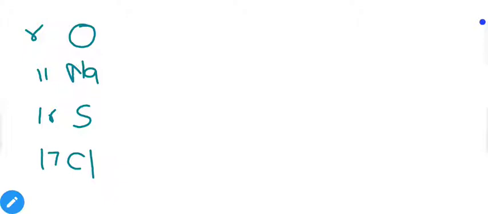We know that oxygen is at number 8, so the nearest is neon, which is number 10. For sodium, again the nearest is neon, number 10. For sulfur, it is argon, because it is number 16, so it is comparatively closer to argon, which is number 18. Similarly for chlorine, again the nearest is 18.